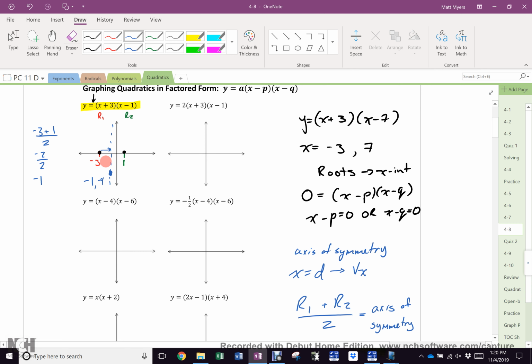The other option is, now that I know that this is an X value, where can I put that number? I can put it in the equation anywhere I see an X, right? What is negative 1 plus 3? 2.